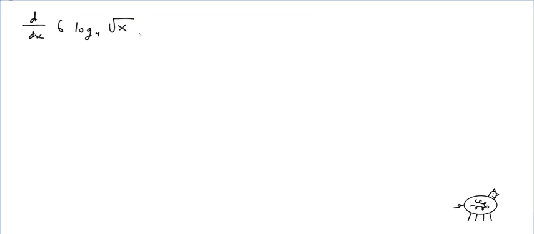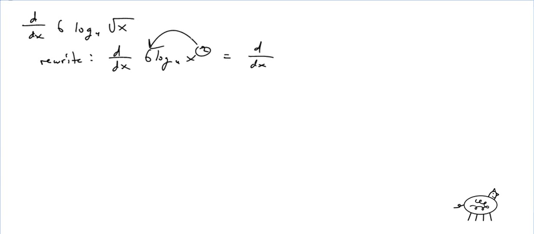I think this is a really good one to rewrite. So we're going to do d by dx of 6 log base 4 of x to the 1/2. The 1/2 goes in the front, and 1/2 times 6 is 3, so it's 3 log base 4 of x.